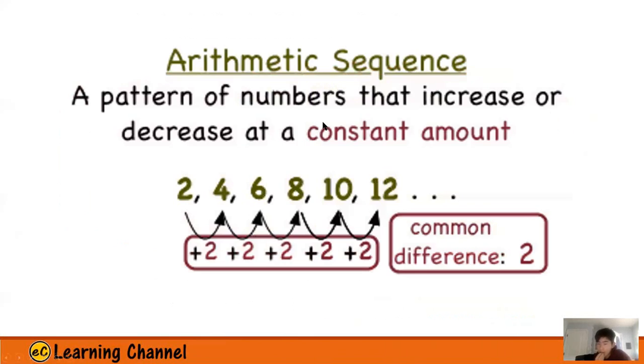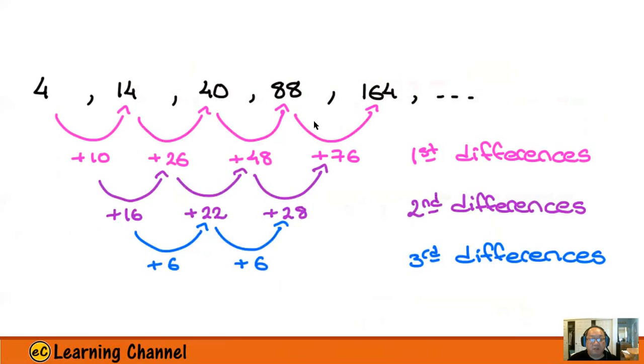But that's not enough, that's not done yet. We also have the first difference, second difference, and third difference. If you have an original sequence like this and you try to find its difference, that's called the first difference. Then you try the second difference, and then the third difference.